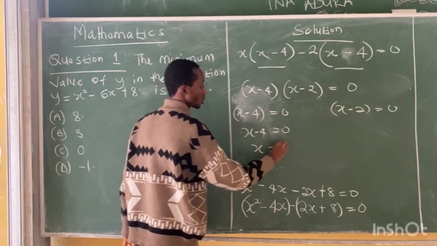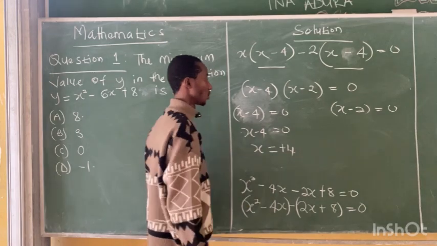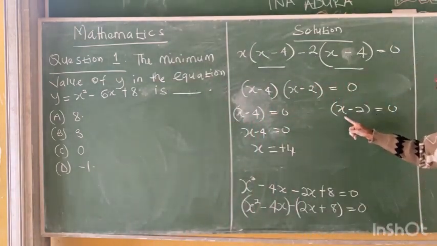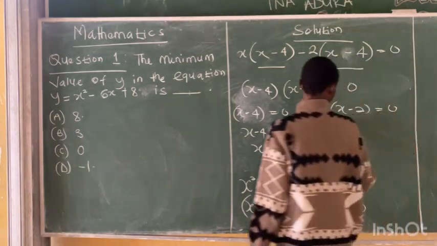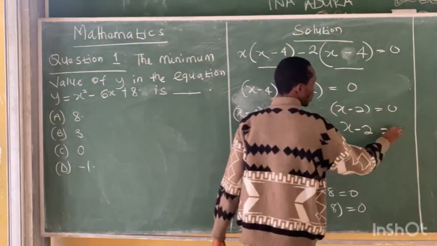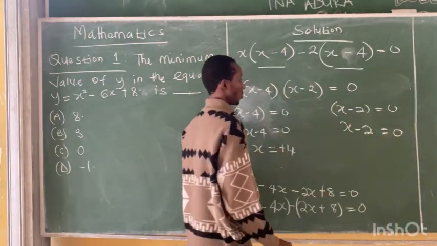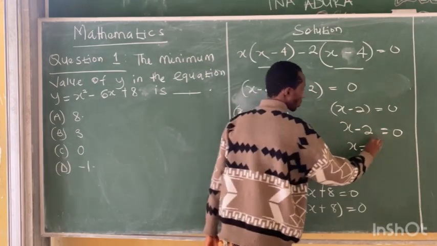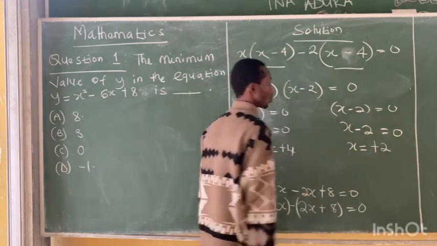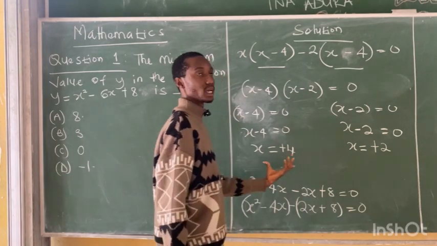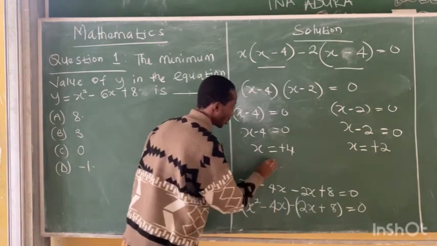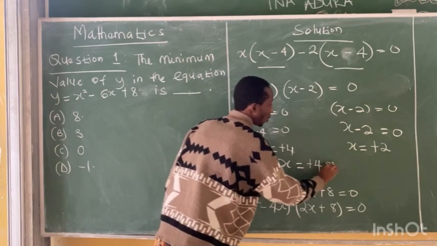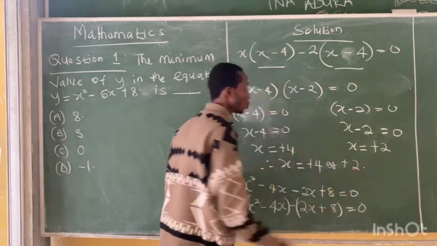So we have x equals plus 4. For the other, x minus 2 equals 0, when minus 2 crosses the equality sign, it changes to plus 2. Therefore, x is equal to plus 4 or plus 2.